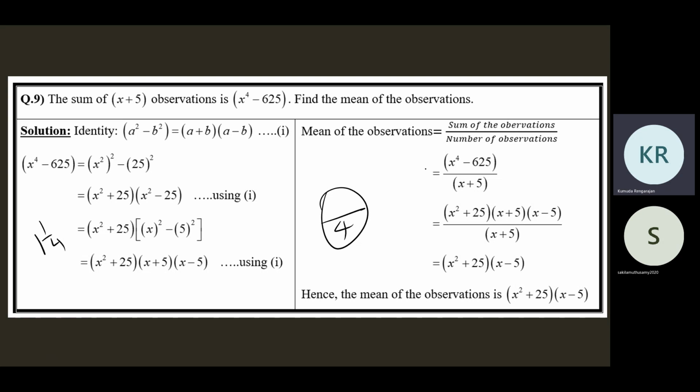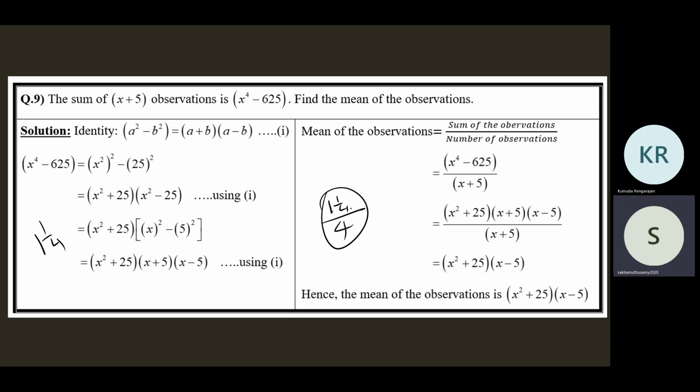Mean is equal to sum of all the observations. Where have you done mean? You've not worked it? Oh, you've not worked that. Okay. You'll only get 1 by 4. Ma'am, I have worked it, ma'am. Sorry? Ma'am, I have worked it. Oh, I can't see. 1 minute. Oh, yeah. You worked it.